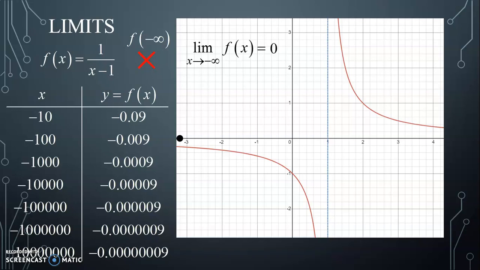And we can use a similar approach to find the limit when x is approaching positive infinity of f of x, which would eventually yield y approaching 0 as well. So for this function, the limit when x is approaching negative infinity and when x is approaching positive infinity of f of x in both cases is in fact equal to 0.